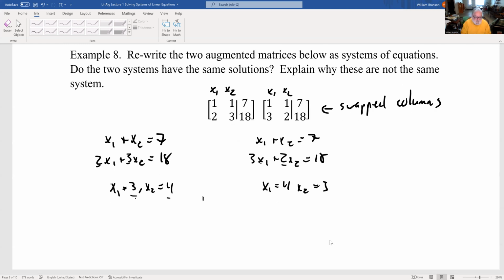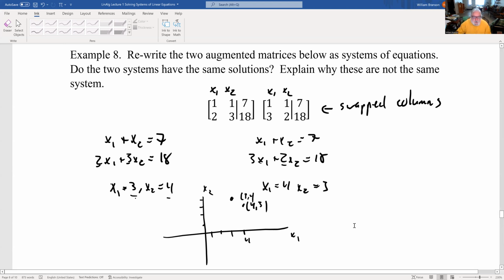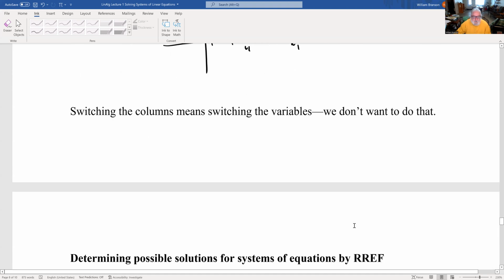And if we think of this as being on the x1, x2 plane, one solution is 3, 4, and the other solution is 4, 3. So the order of the variables is important, so we can't really switch the columns around because then you're messing with the order of the variables. Okay, we don't want to do that.